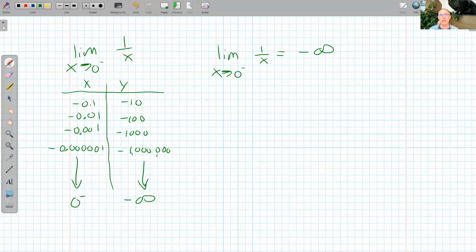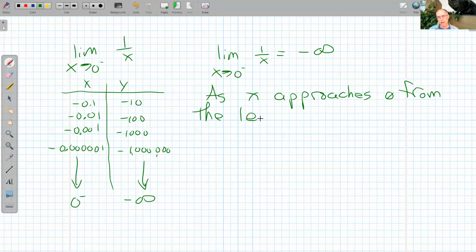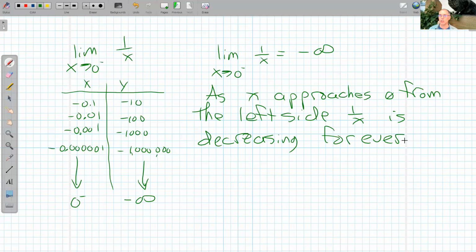Technically, what I'm saying here is that as x approaches 0 from the left side, 1 over x is decreasing forever. And again, -infinity is not a number. This limit does not exist.